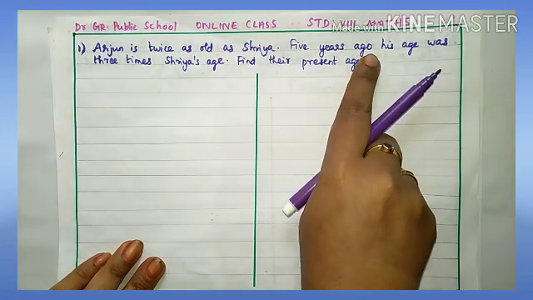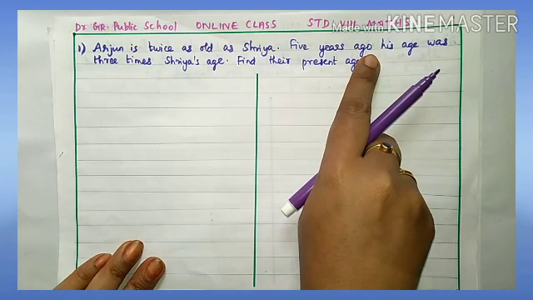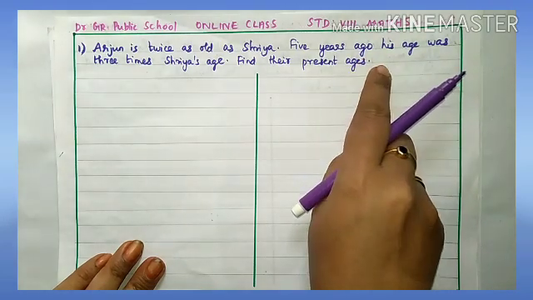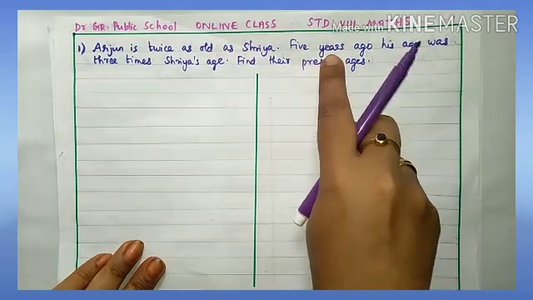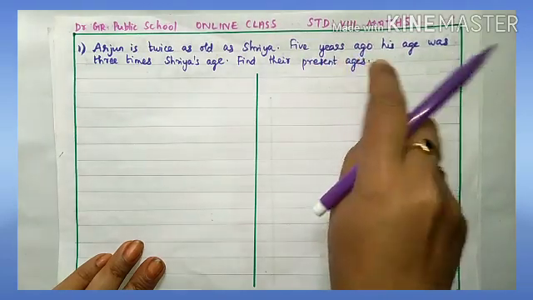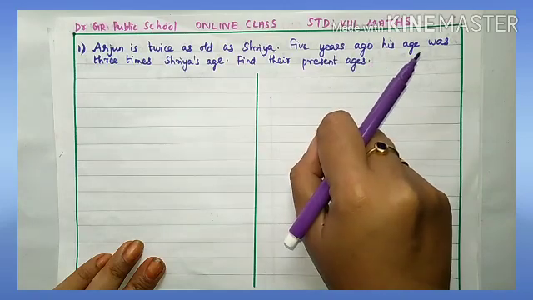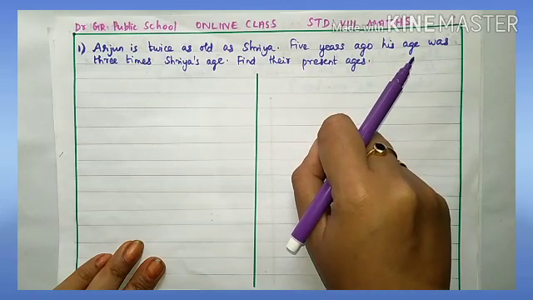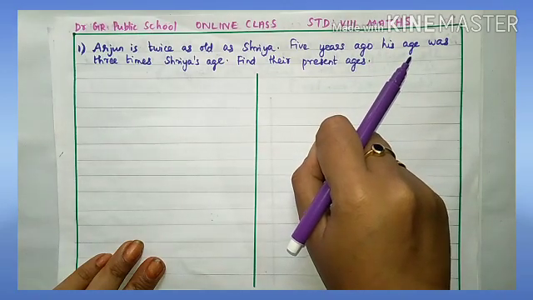What do you mean by 5 years ago? 5 years ago means we need to subtract 5. Okay, 5 years after means we will add 5, but here 5 years ago. So if one person is 10 years, what is his age before 5 years? Yes, 10 minus 5.